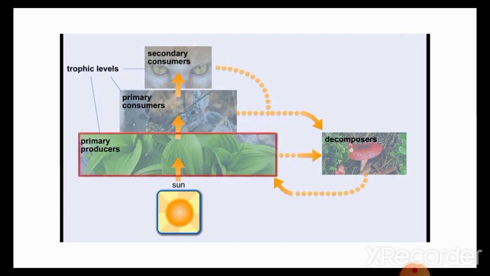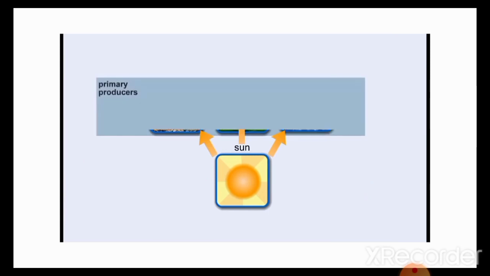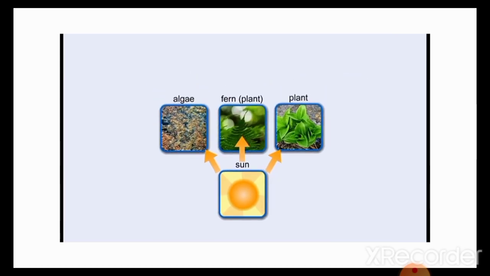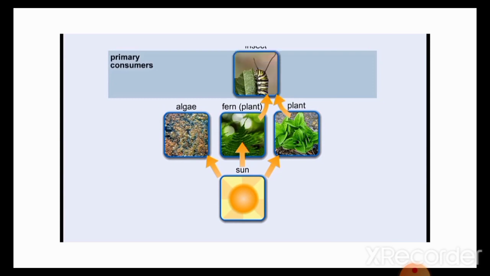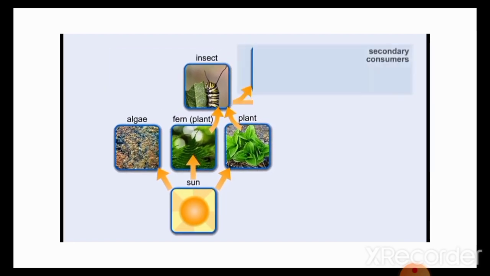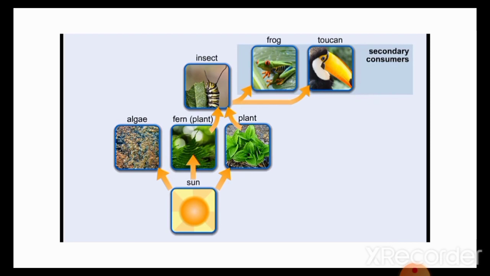The first trophic level is made up of primary producers, the plants that produce their own food. Primary consumers make up the second trophic level. These are the herbivores, organisms that eat producers. The next trophic level consists of carnivores, also called secondary consumers, which are the organisms that eat primary consumers.